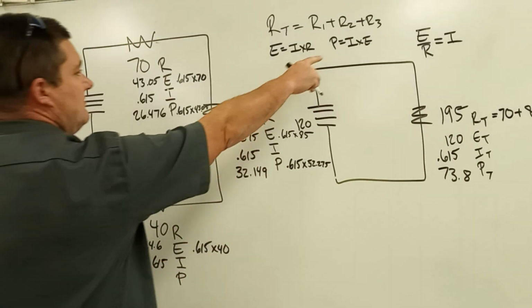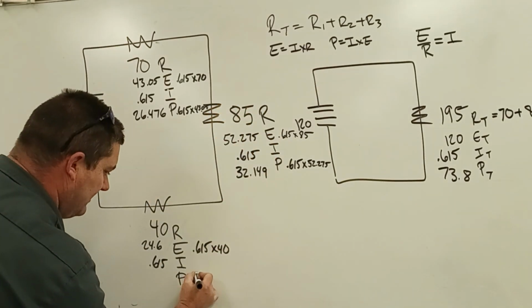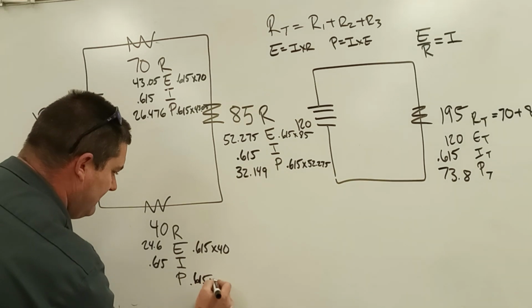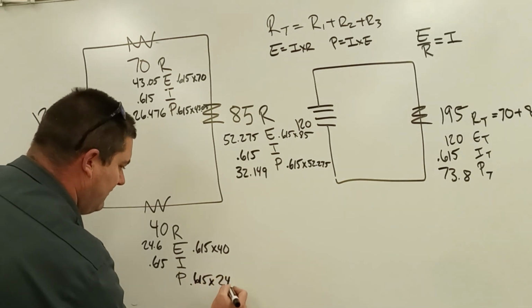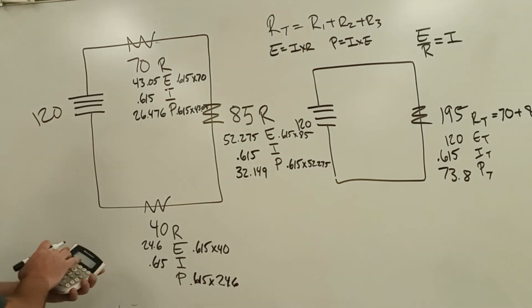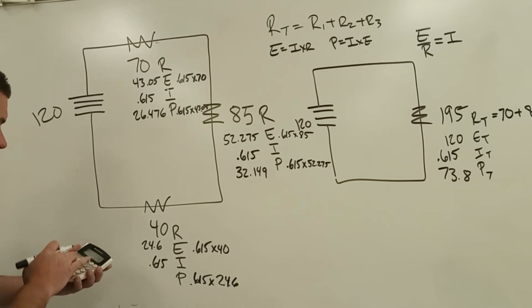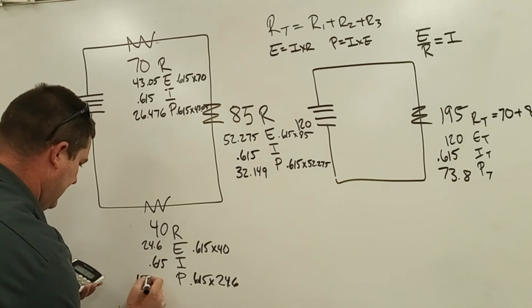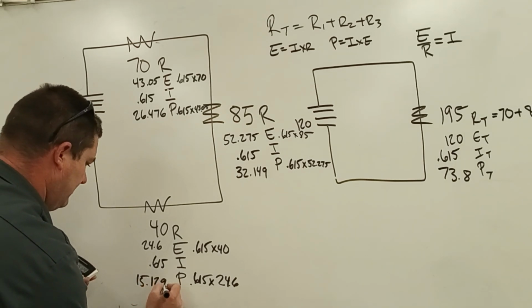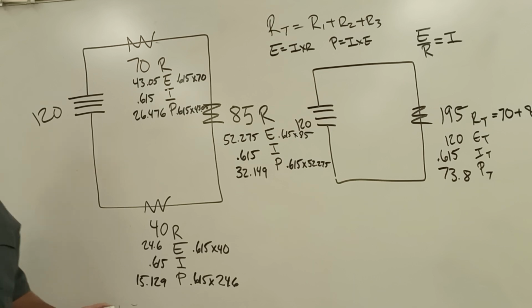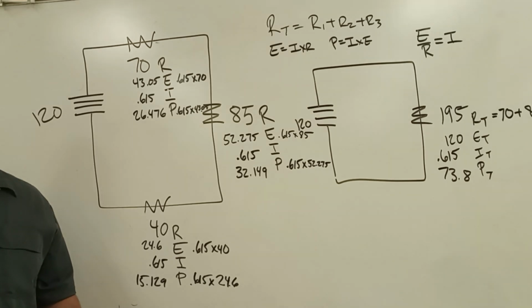P equals I times E, 0.615 times 24.6, $15.129. Now, once you've solved everything that you're going to be for your circuit, time to check our work.